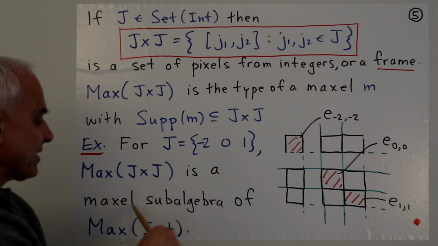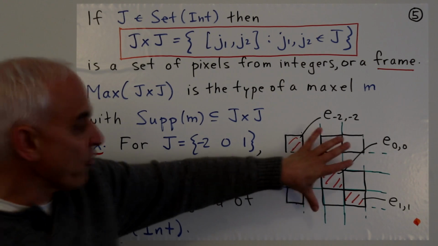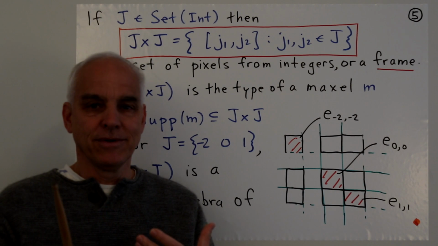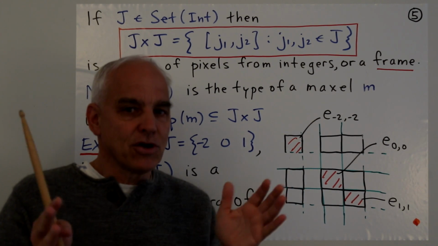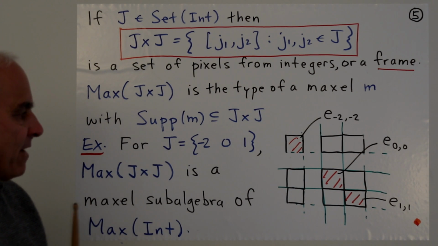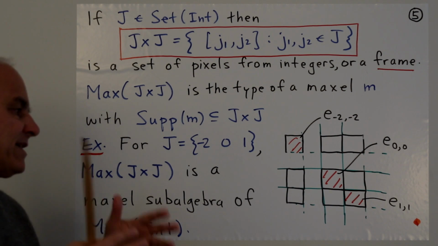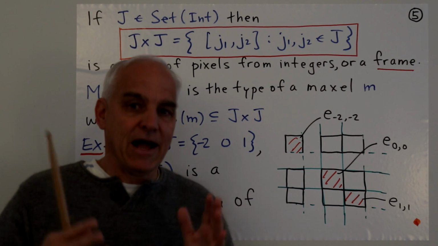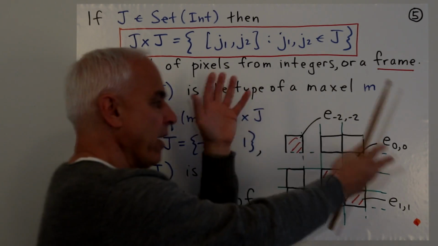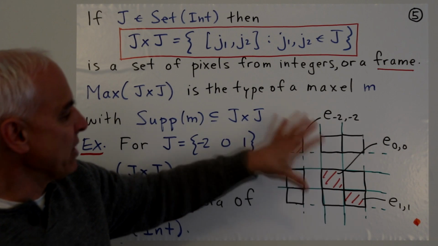So this is going to be a maxel subalgebra of max int. In other words, if you take the product or the sum of any two such things, you're going to stay inside this closed algebra. So this is a very nice, flexible way of finding essentially what we might call matrix algebras, traditionally, but we can find them now anywhere or everywhere on our screen in this kind of symmetrical way.